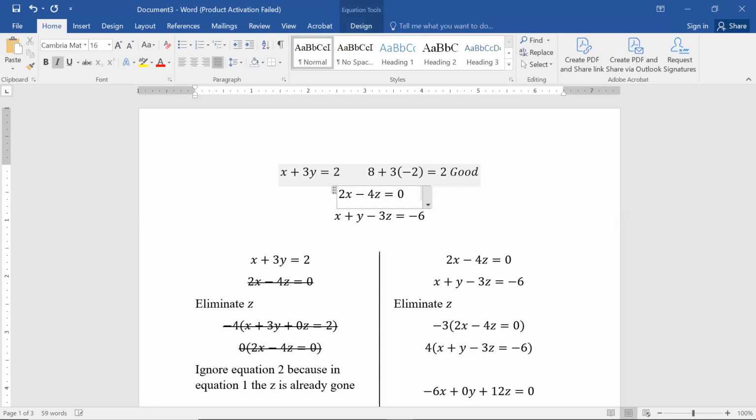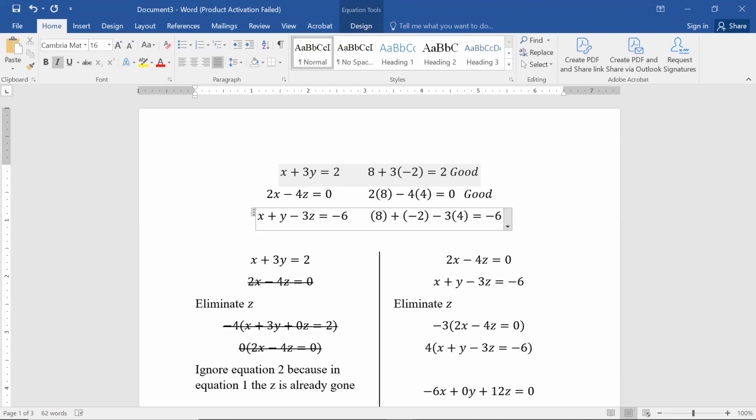In the second equation, we'd plug in an 8 for x and a 4 for z. 2 times 8 is 16 minus 4 times 4. So 16 minus 16 gives you 0. Yep, that's good. So it works in 2 equations. And then in the last equation, an 8 gets plugged in for x, a -2 gets plugged in for y, and a 4 gets plugged in for z.